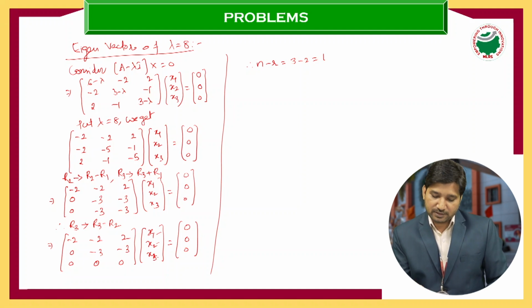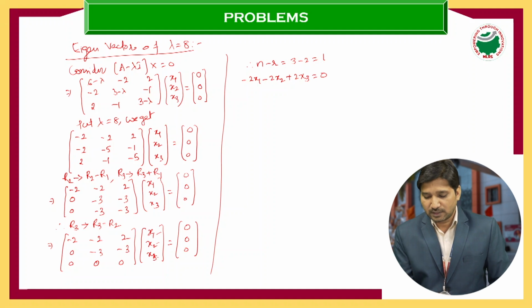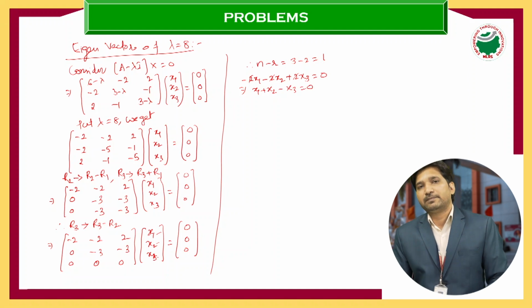Now write the equations of the matrices. Minus 2 x1 minus 2 x2 plus 2 x3 equal to 0. Cancel 2 on both sides. That is x1 plus x2 minus x3, applying the minus sign.